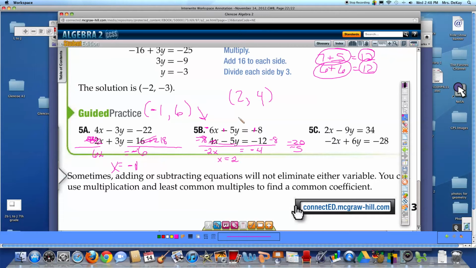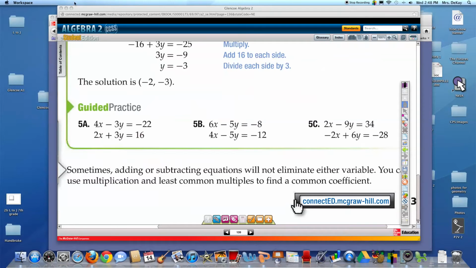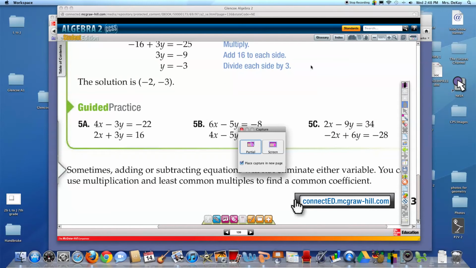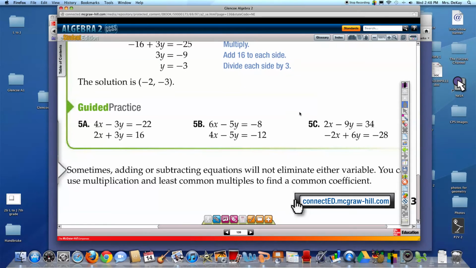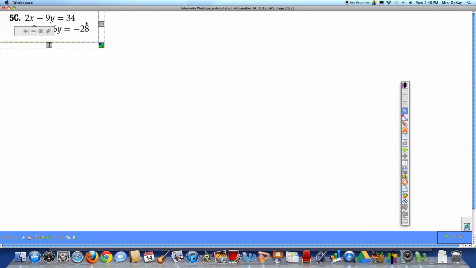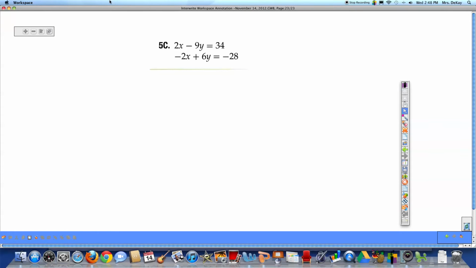Okay. And just because we have exactly the right amount of time left, let's go ahead and do this last one. We're just gonna add them together. Eliminate.